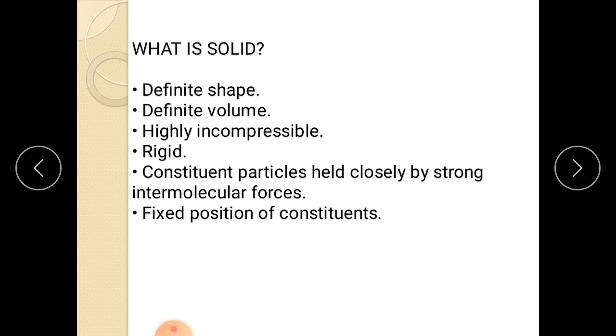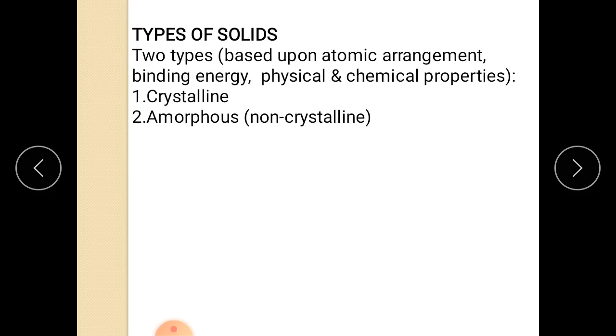Particles have their fixed position. And the distance between each constituent particle is fixed and the same in case of solids. So this is about the solid.